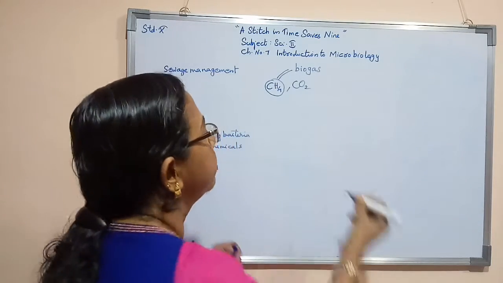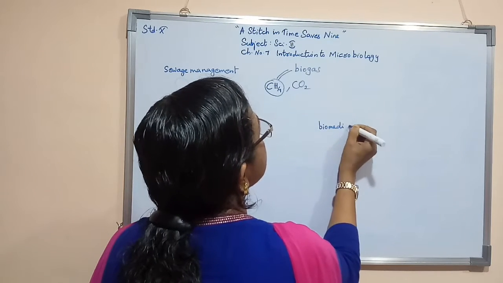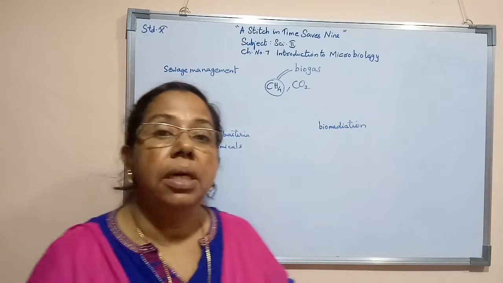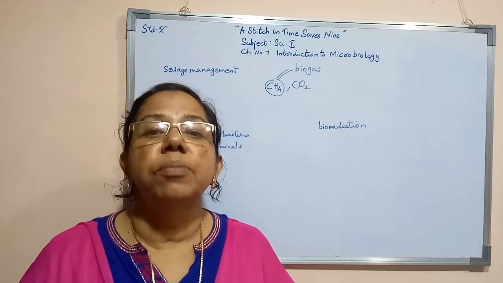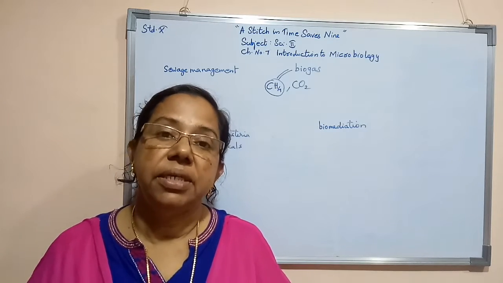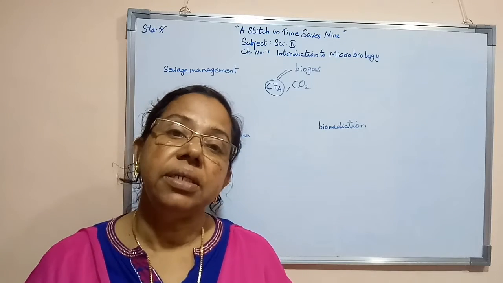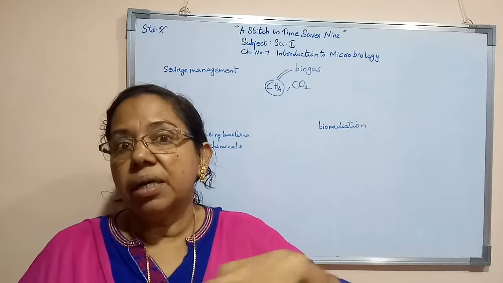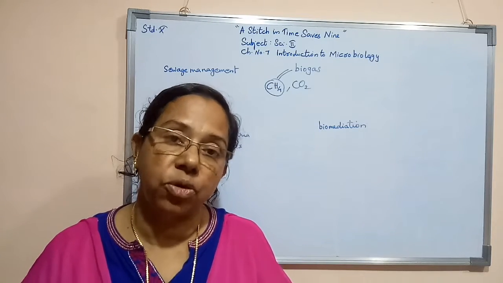Bioremediation, its meaning, is breaking down of microbes which are polluting the environment. So as a result of microbes, we are protecting the environment. There are harmful microbes as well as useful microbes.